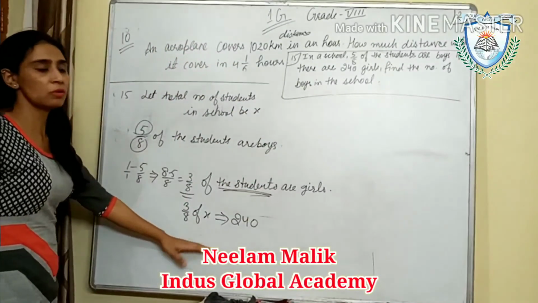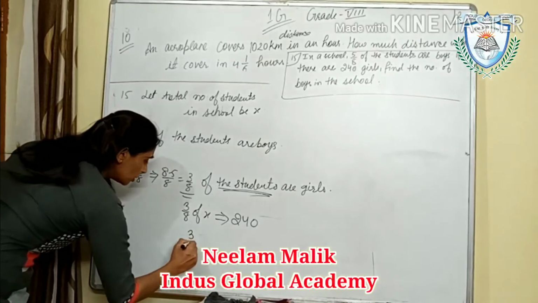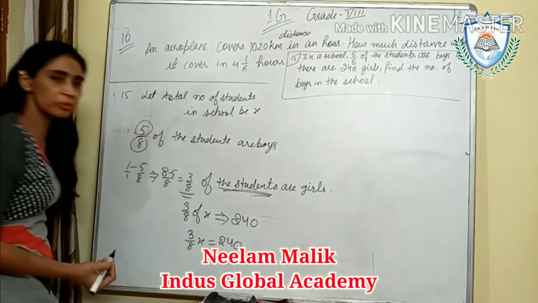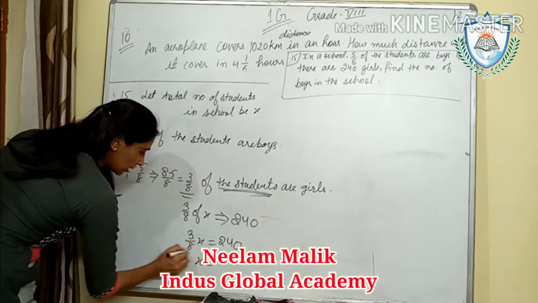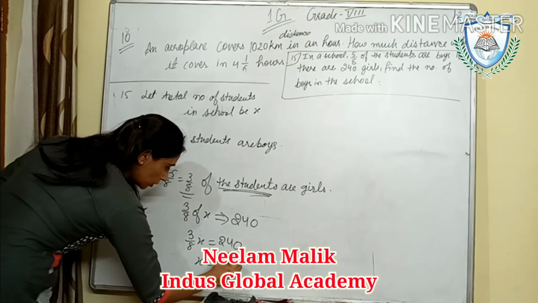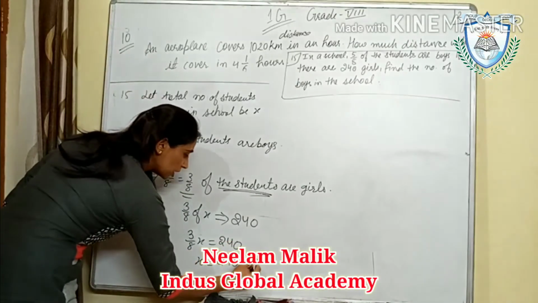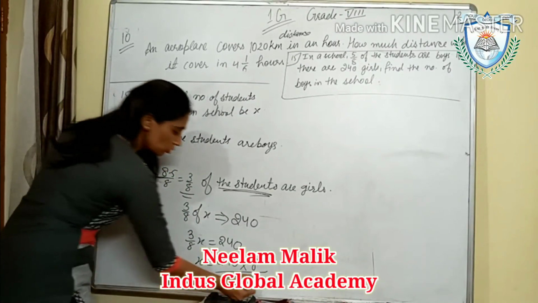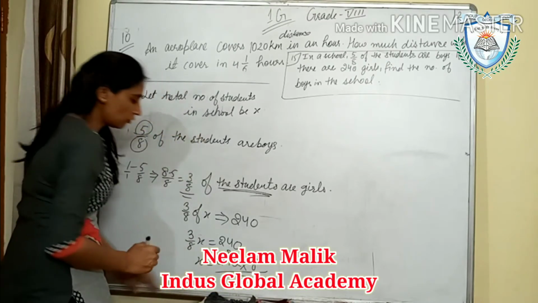Now from here you will find out the value of x, so 3 upon 8 x is equal to 240. Now what we will do, we will take x here and we will take the remaining number there, 240. It will be multiplied, the denominator will be the numerator and this will be the denominator. So they are cutting, 3 8s are 24, so 0. So what is the value of x?